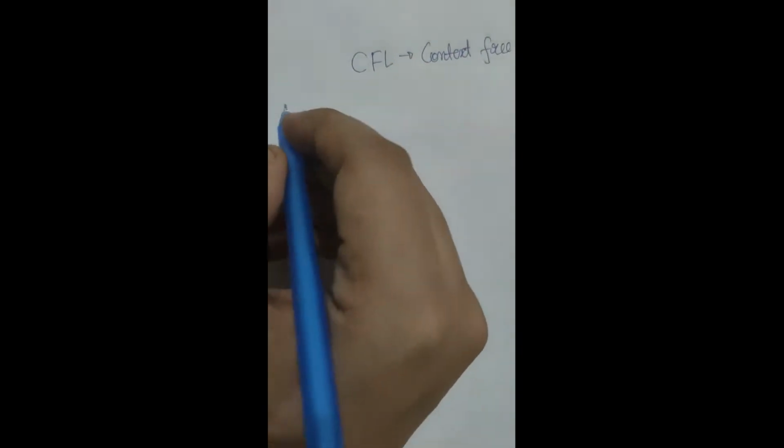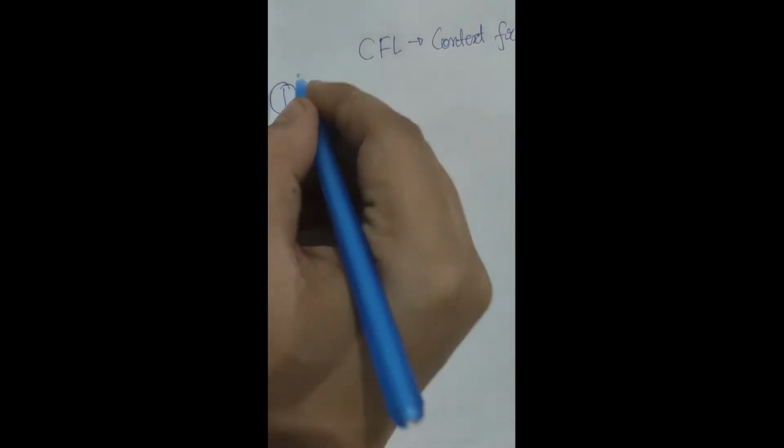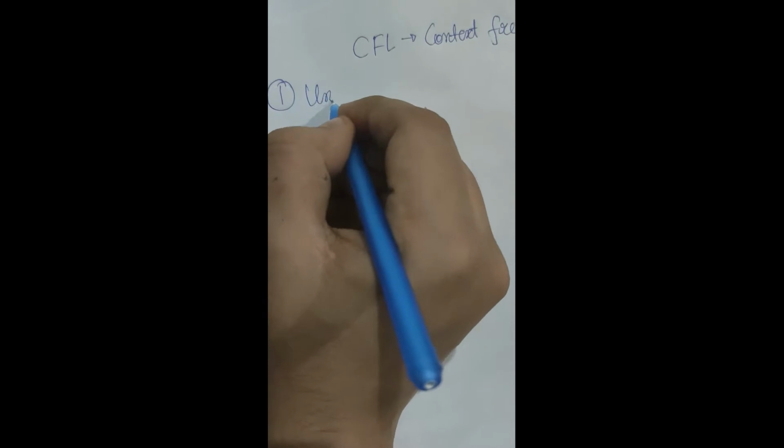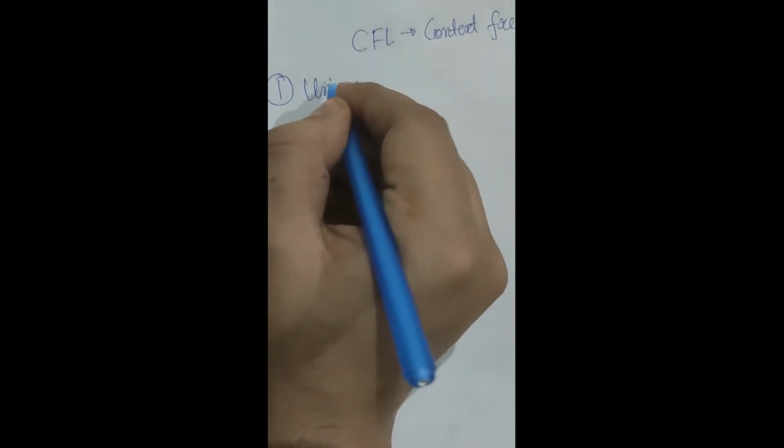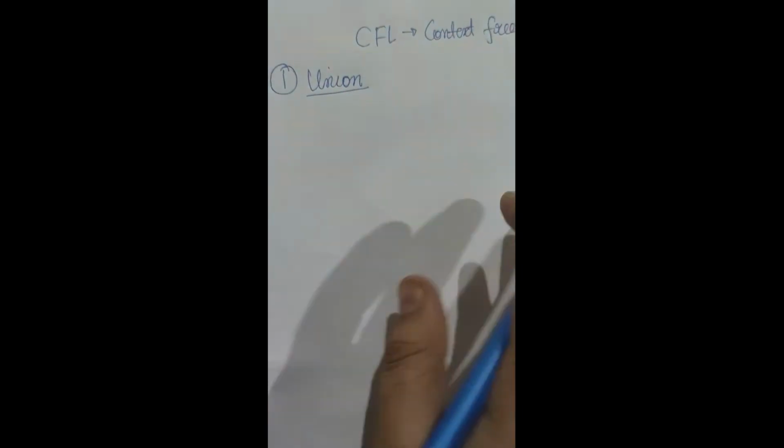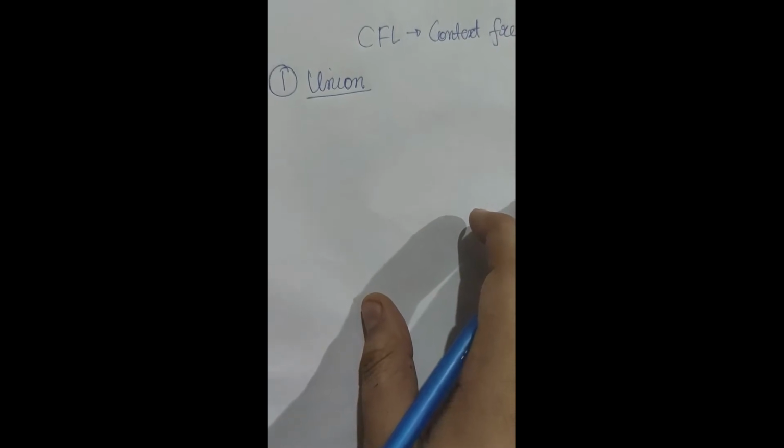So the first operation under which the context-free language is closed is union. Let us talk about how it is closed under union.